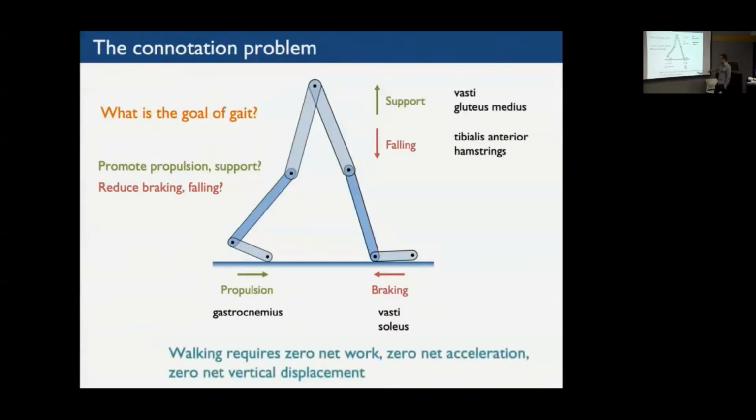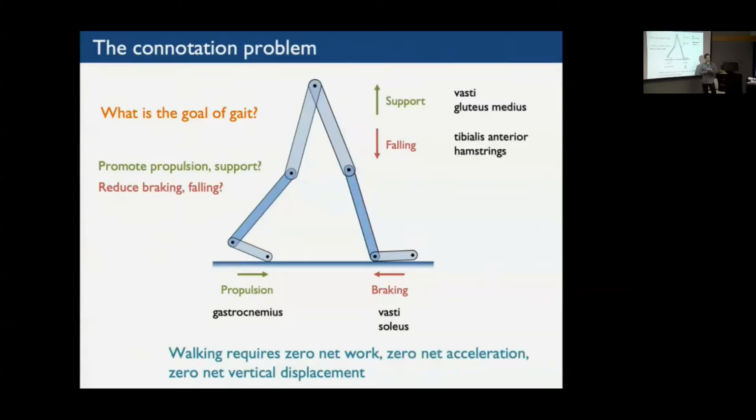Also, just to remind ourselves, walking on level ground at a steady gait over one period of gait or any integer number of periods involves zero net work, zero net acceleration, zero net vertical displacement. So walking at steady speed, in a way, your net propulsion goal is zero.